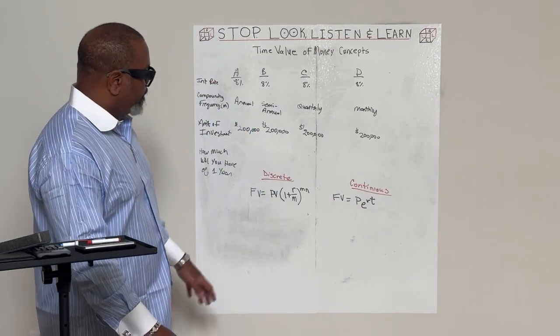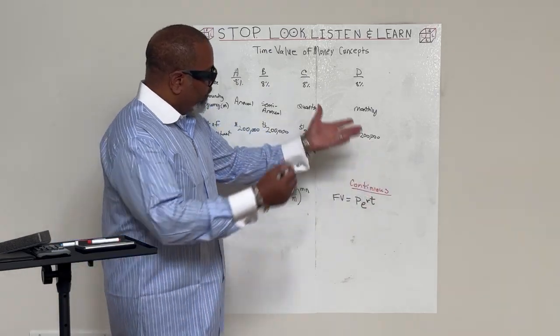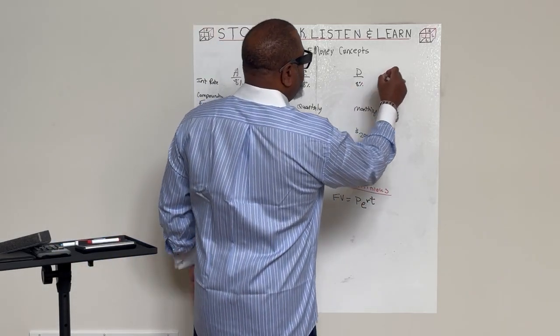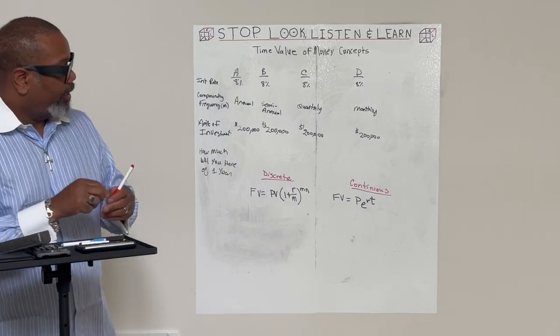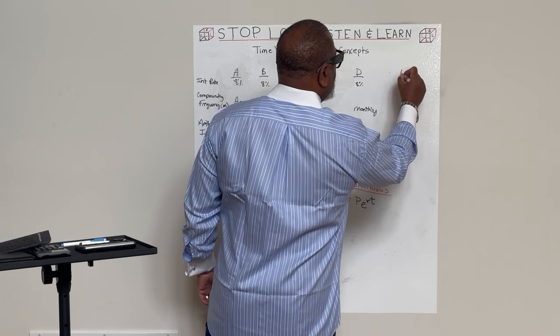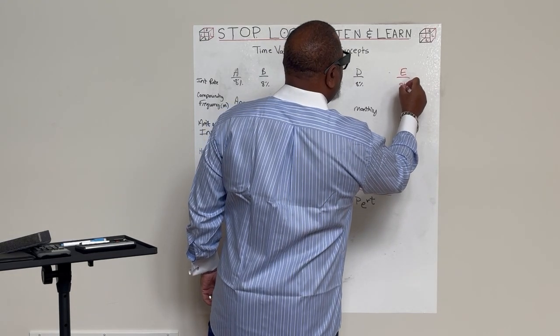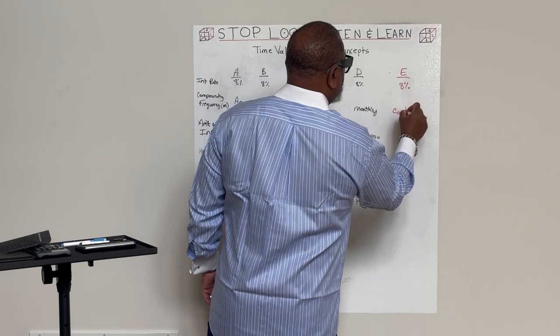So let's look at how much we would have if we went with bank E here. Let me just put a different color here just to signify that this is continuous compounding. So we have bank E here, and they said, we'll give you a stated rate of 8%, but our compounding frequency is continuous.